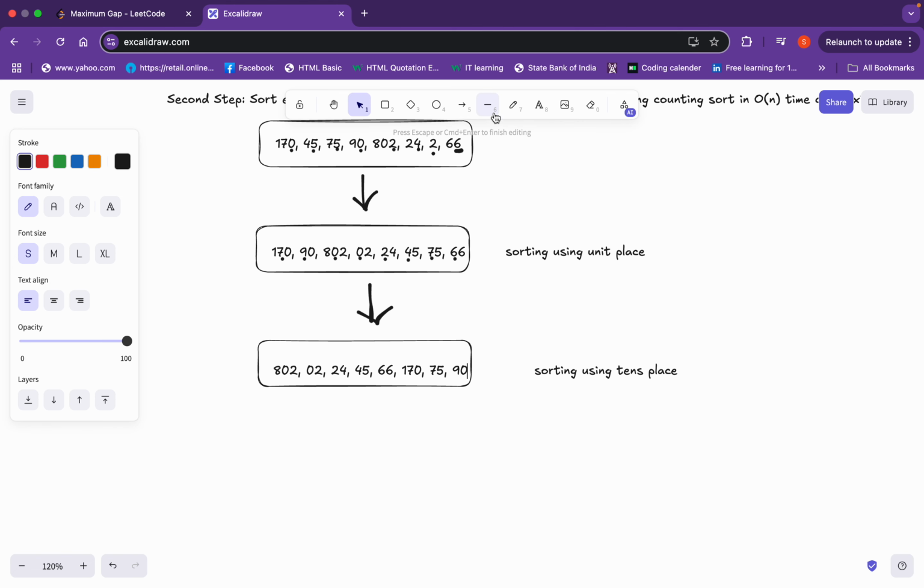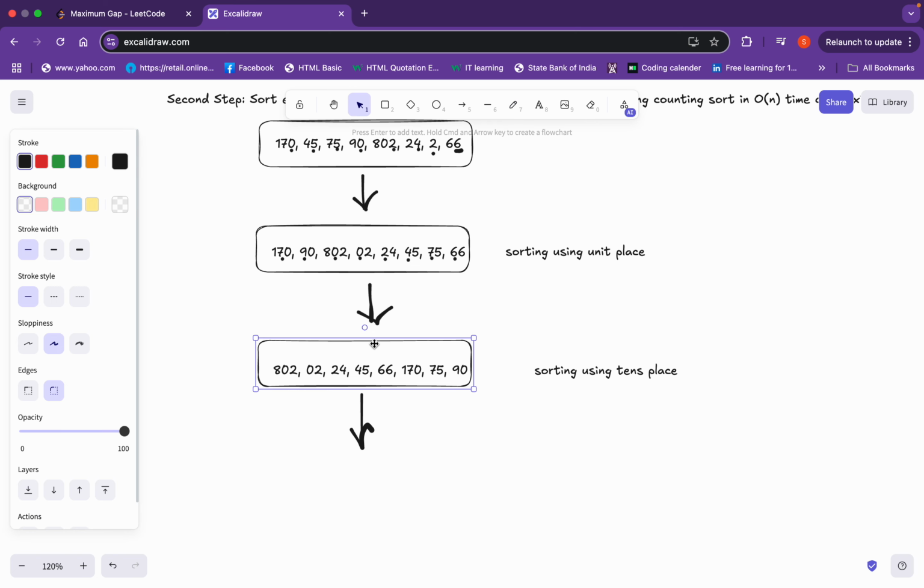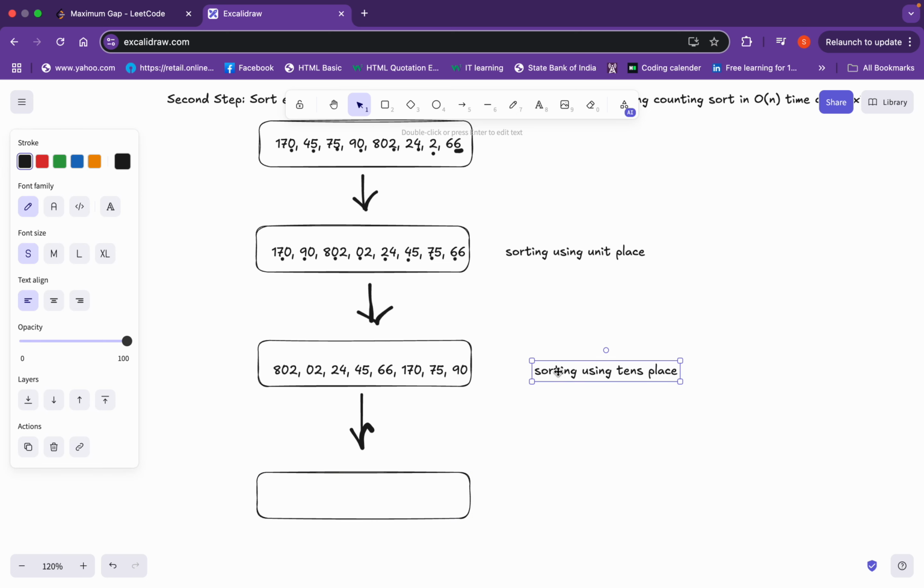Now the last iteration is the highest most significant bit, that is the hundreds place. So we have to sort this array using the hundreds place. I'm just adding 0 for those who don't have anything in their hundreds place.